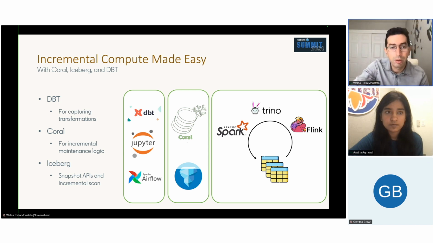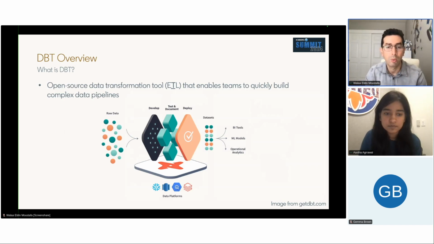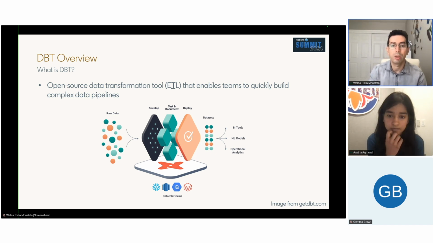And we present the end-to-end user experience also through a case study using DBT. And since DBT is the user-facing tool here, let's take a quick look at what DBT is. DBT is an open-source data transformation tool that enables teams to quickly build complex data pipelines, and DBT is quite configurable to be connected maybe to multiple BI tools or multiple compute engines, and have users pick and choose what they want in terms of how to compute and how to present the data.